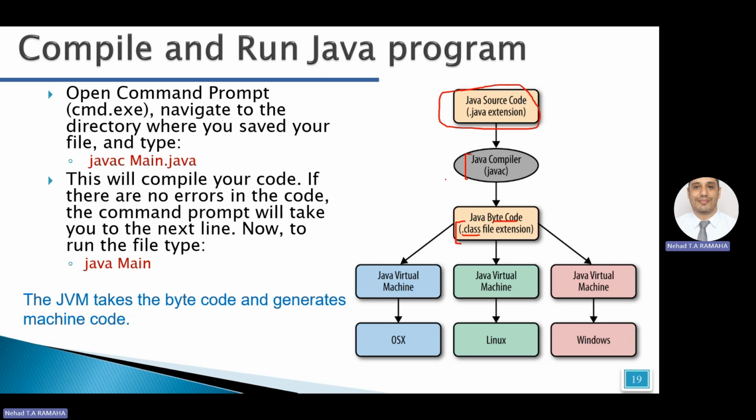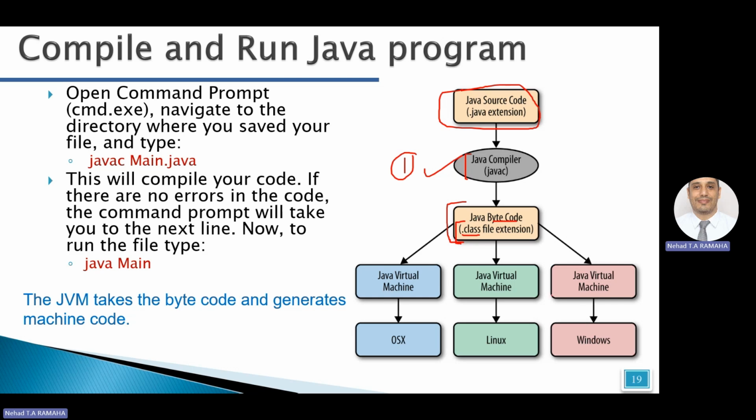So you compile, but you do not get object code, which is machine language code. You get .class code, which is Java bytecode. You can use this .class code in any operating system, so it's portable. So the first part is to compile the code into Java bytecode, .class code.